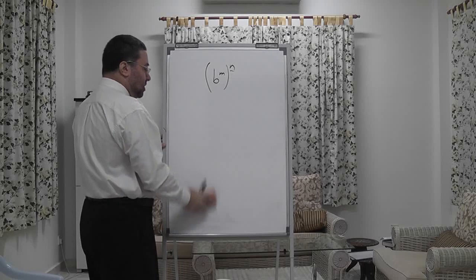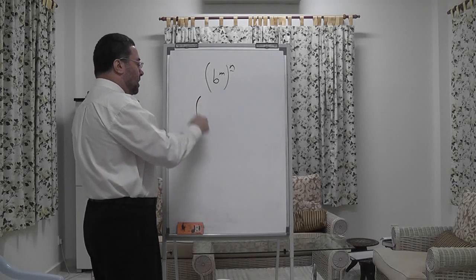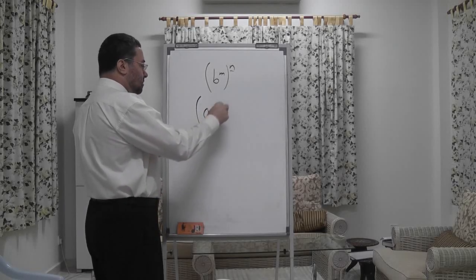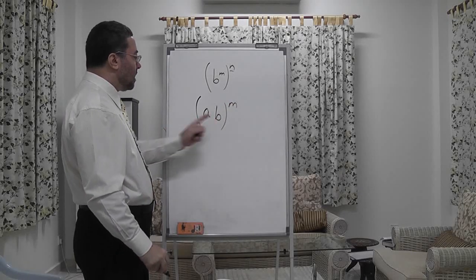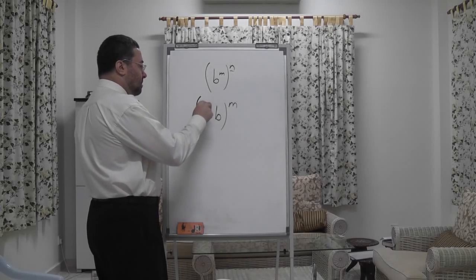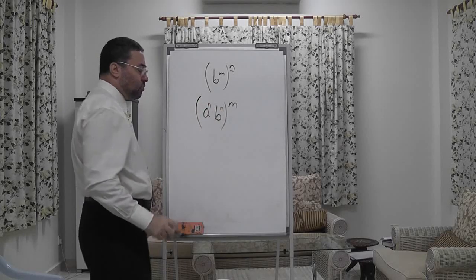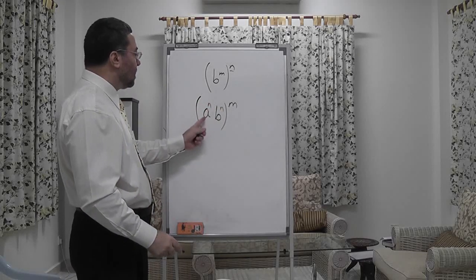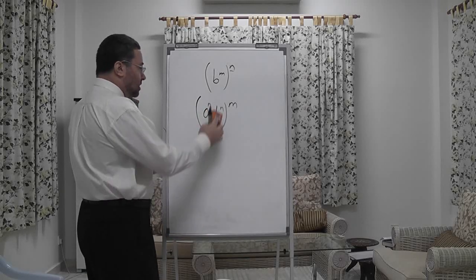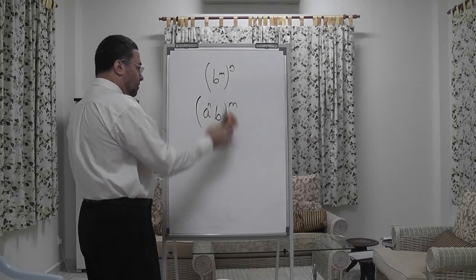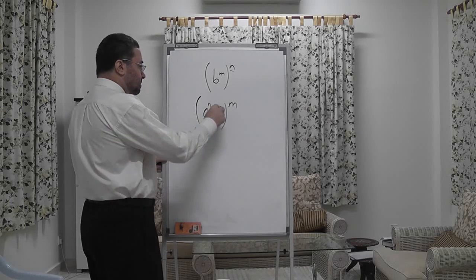Now another situation would be something like this. Here we can make this a little bit better than what they have put in the book by giving each base a power of its own. And we can do this here, another power, such as p.